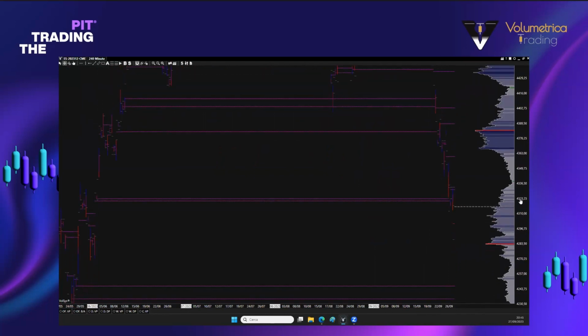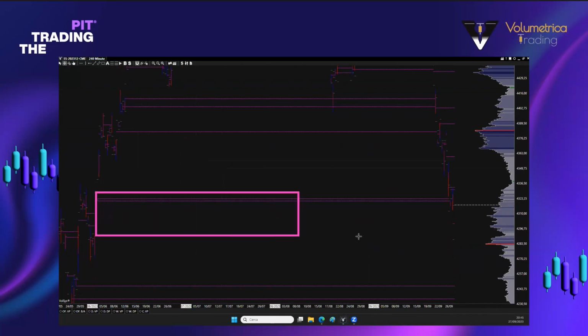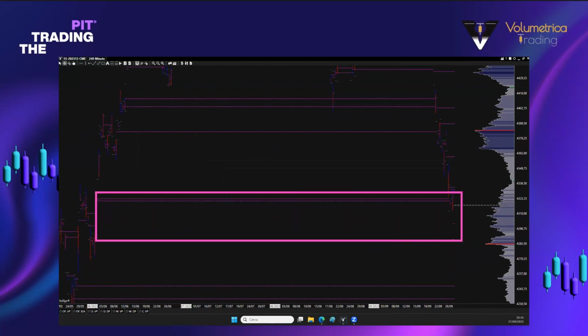Well, maybe previous areas of an already established balance. So the market always tends to move between areas of balance and other areas of previous balance.